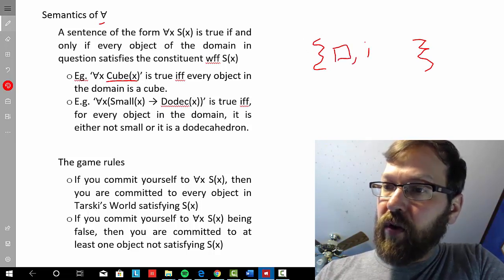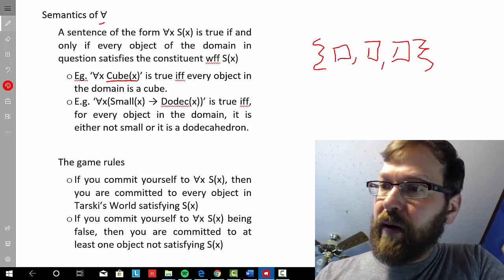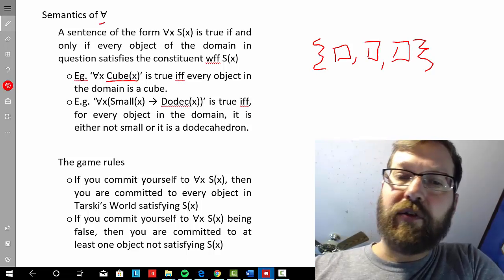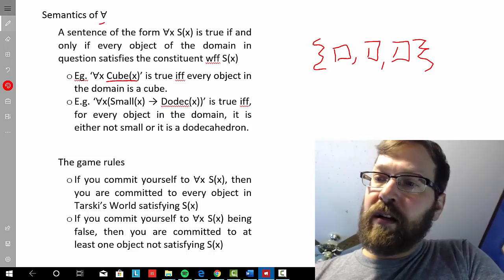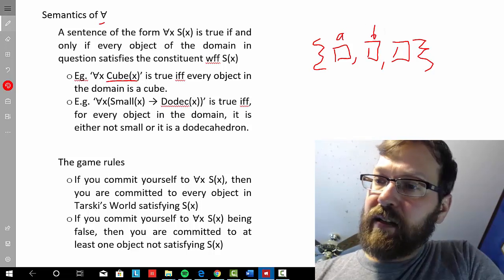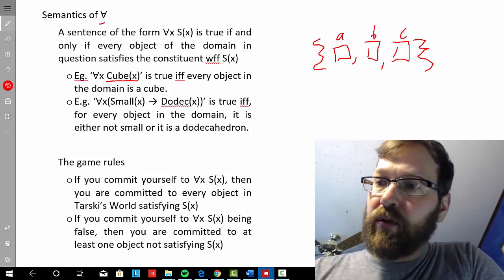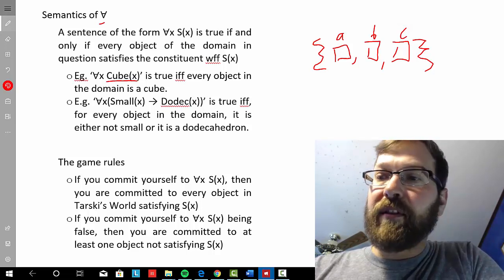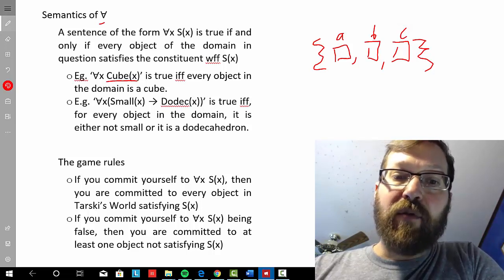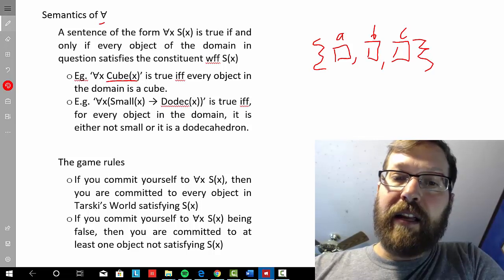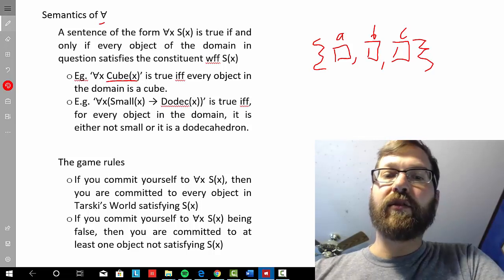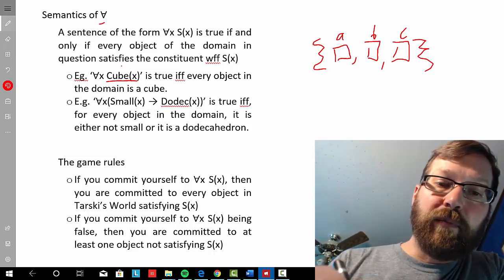So if this is all of our objects in the domain that we're talking about, and if you go with me on pretending that those are cubes, then when we substitute each of these names in for the x and see whether they're satisfied, since A satisfies "A is a cube," since B satisfies "B is a cube," and C satisfies "C is a cube," then this sentence will be true.